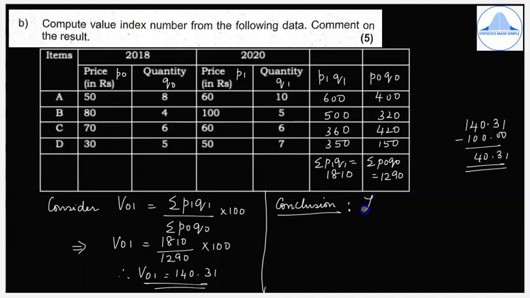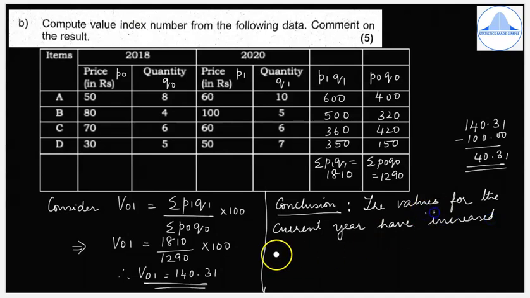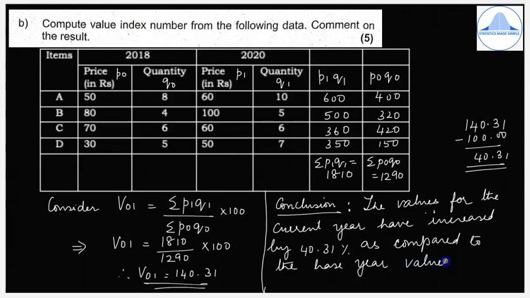So you'll write the values for the current year have increased by 40.31% as compared to the base year values. Don't forget to write the conclusion, as this would carry 1 mark.